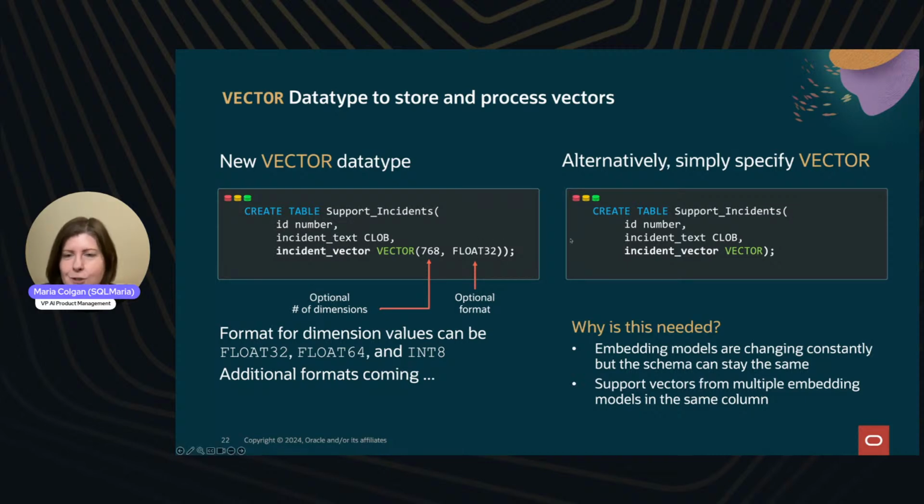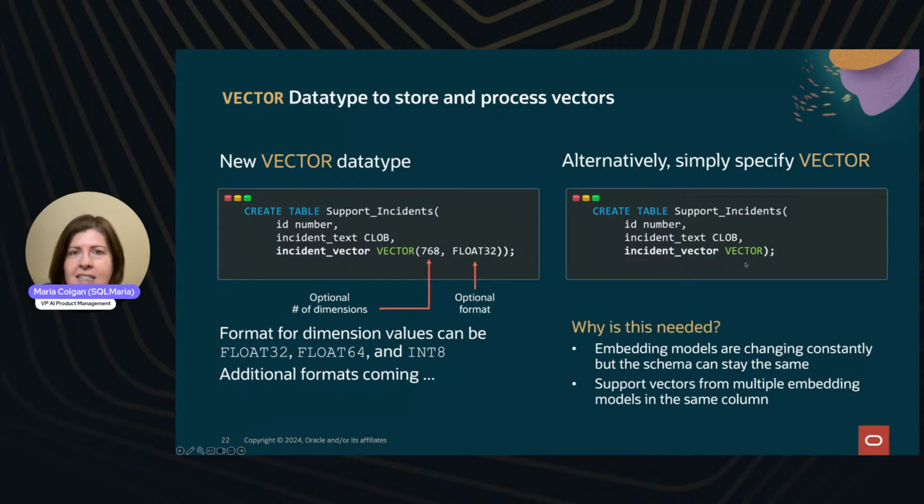Or on the other hand, you can keep it really simple. You can just tell Oracle, I'm going to be loading a bunch of vectors. I'm not really sure how many dimensions there's going to be in them or what the optimal data type is for that particular vector. So just give me a column that will accept vectors.